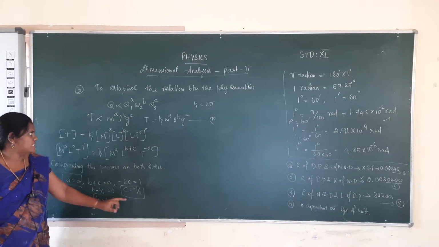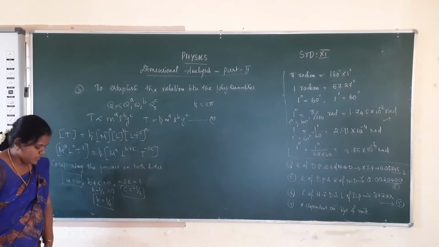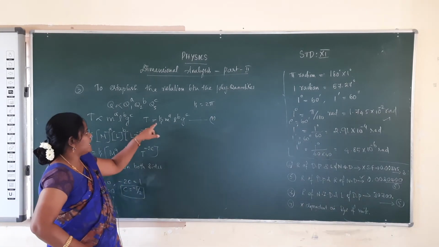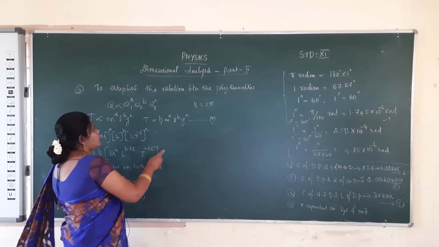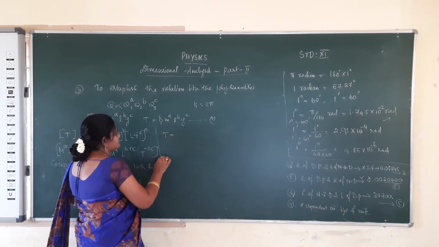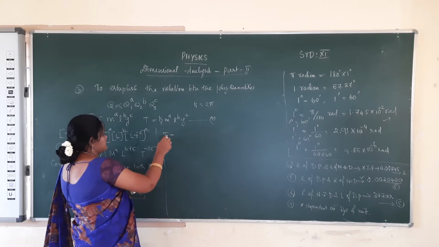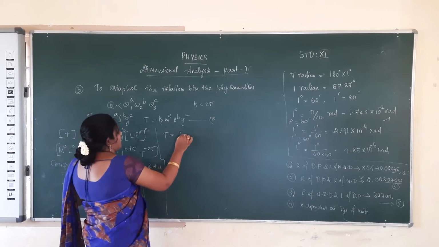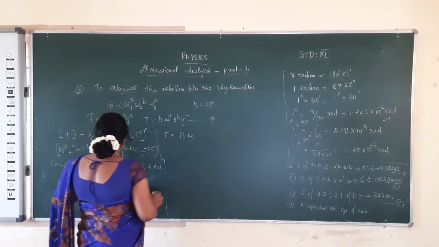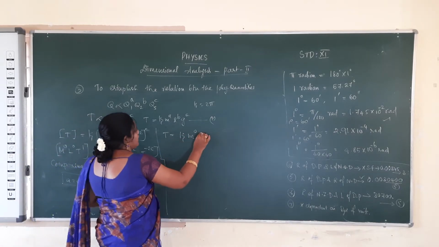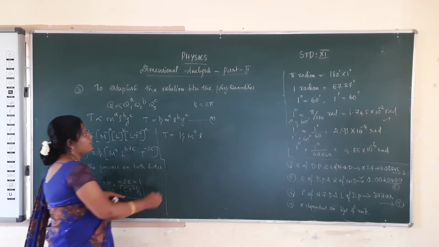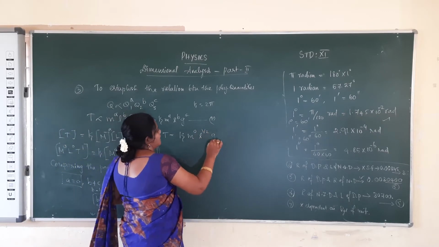Substitute the a, b, c values in equation 1. What is equation 1? T is equal to k into m power a, L power b, g power c. So substitute all the values. T is equal to k m power a, where a is 0, b is half and c is minus half.